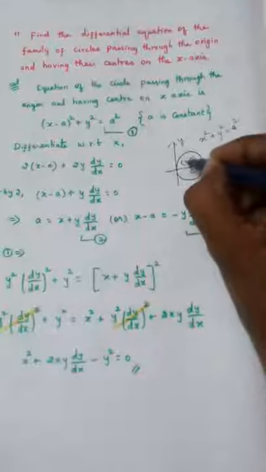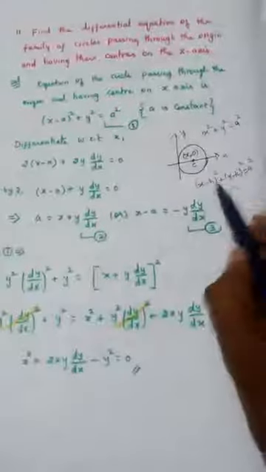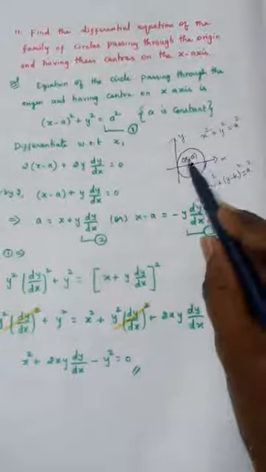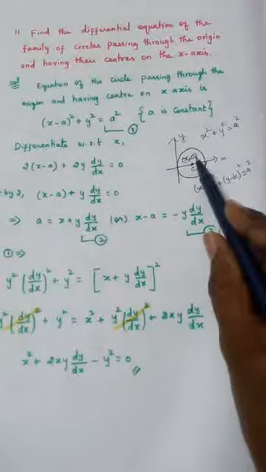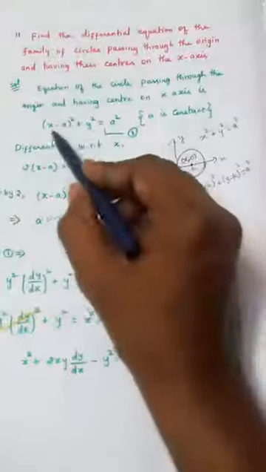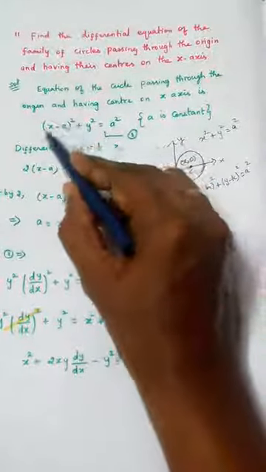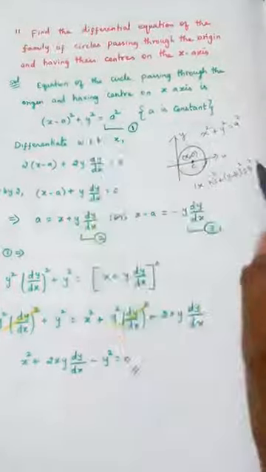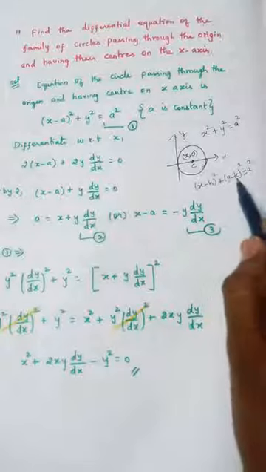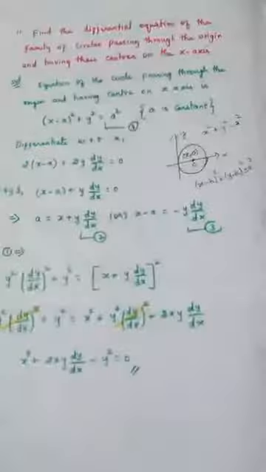So x comma 0 will be the coordinate of this point. So h will be some value, and k will be taken as 0. That is why we write x minus, for h some value, so (x minus a) whole square plus y square, because the k value becomes 0, is equal to a square.